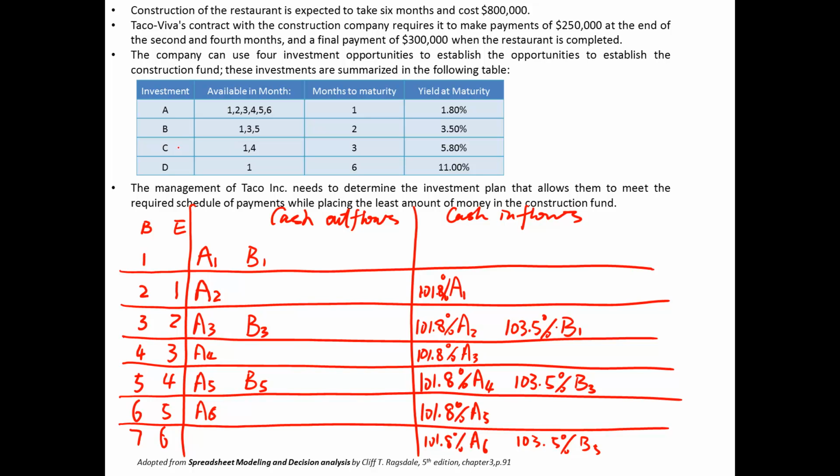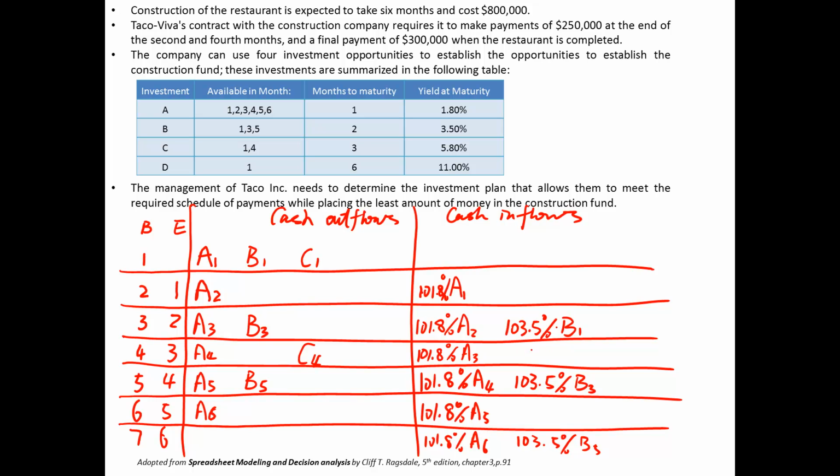Okay, then you can do that for C and D, right? C is available in the first month and the fourth month. And wherever it's available for investment, you get the yield plus principal from the previous investment. So C1 matures in the fourth month. Okay, and the rate is 5.8%.